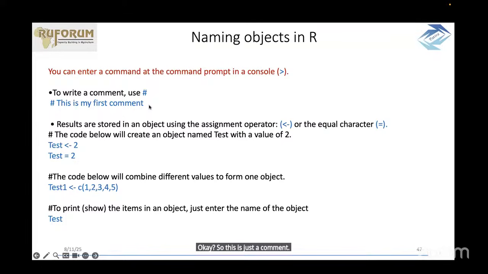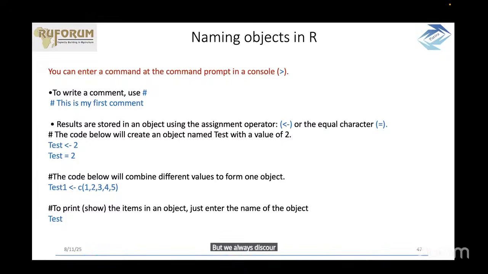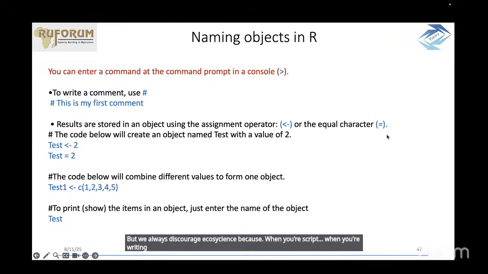In R, whatever you do is stored in an object. To put something in an object, you use the assignment operator, or the equal sign, but we always discourage equal signs because, when writing your R program, sometimes you use the equal sign for something else.